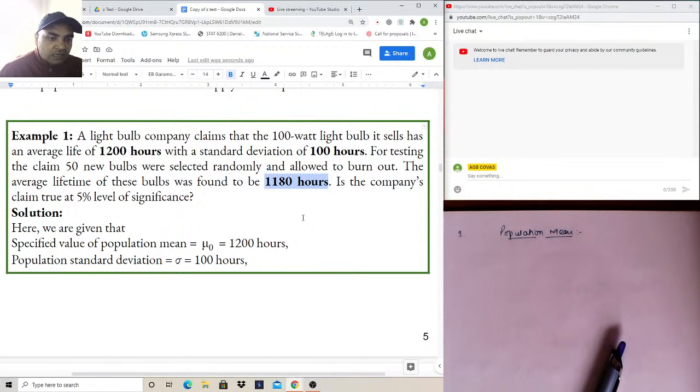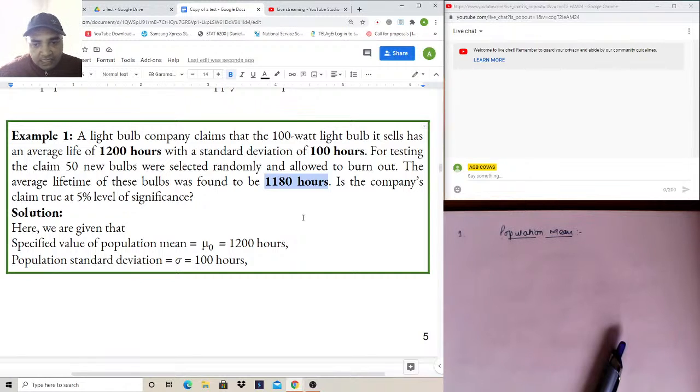The company is producing 100-watt bulbs. It is saying that our bulb has 1200 hours of life with a standard deviation of 100 hours. Now a quality check inspector collected 50 new bulbs, allowed them to burn out, and found that the sample of 50 bulbs has a lifetime of 1180 hours.